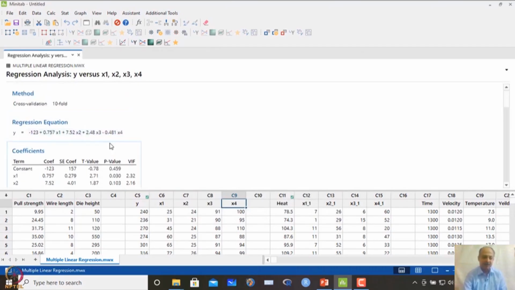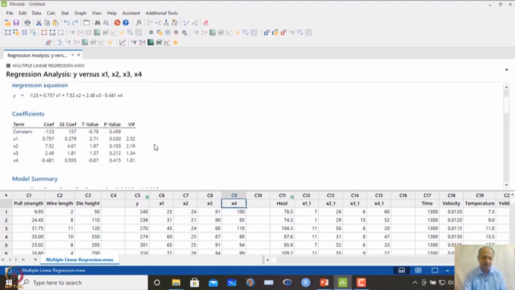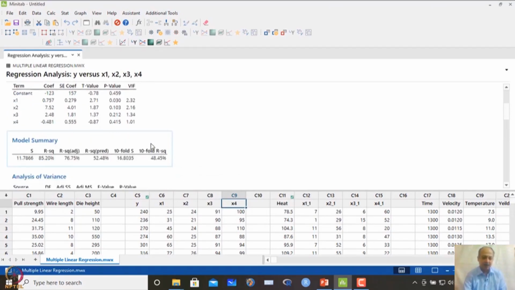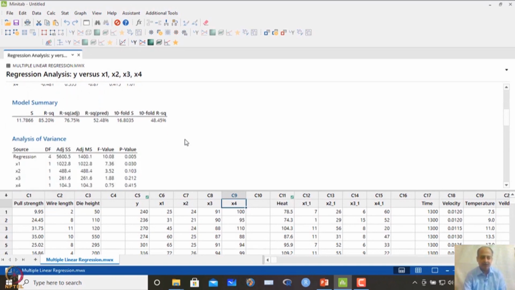MINITAB automatically gives you a regression equation, but what is surprising is that x1 is the only variable which is significant, that means less than 0.05, and the others are not significant terms. Also, you see the adjusted R square is about 76, and the tenfold cross validation R square is around 48.